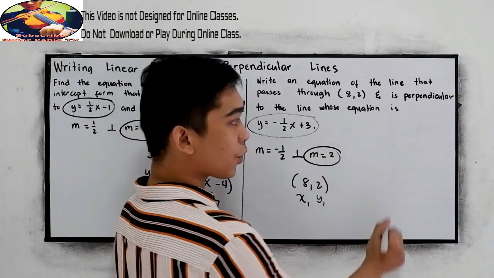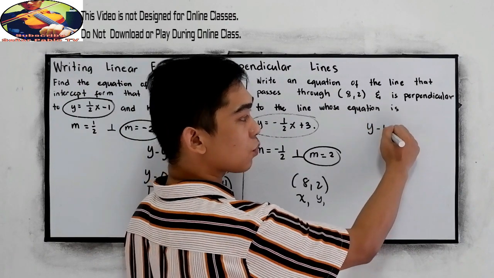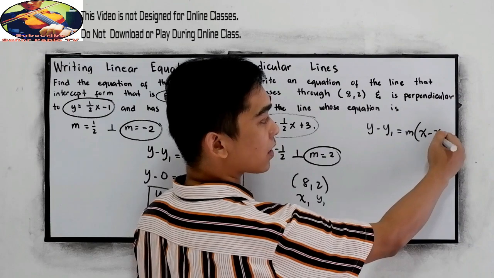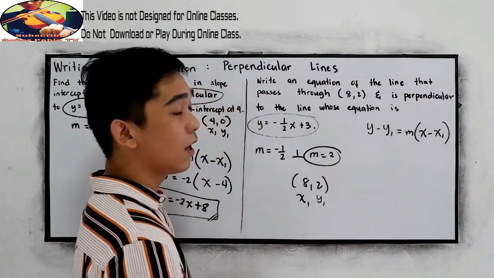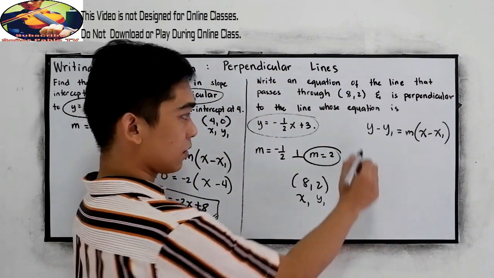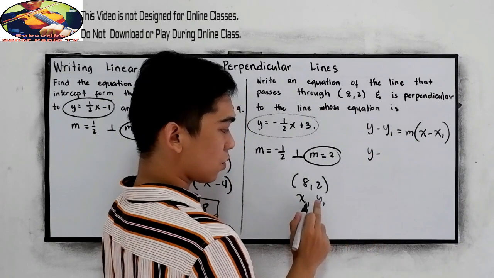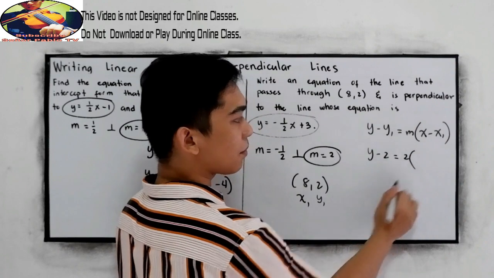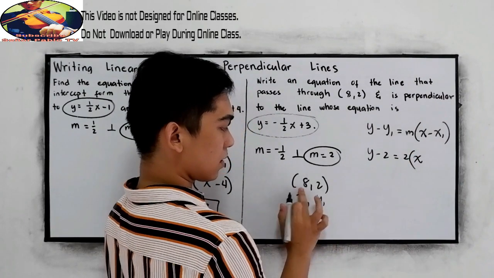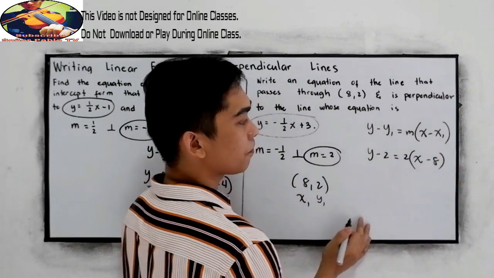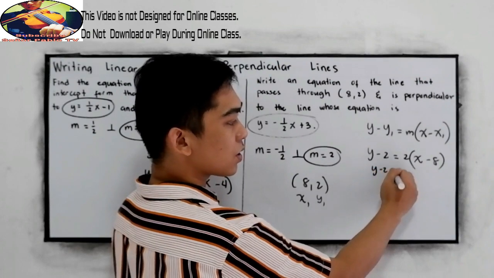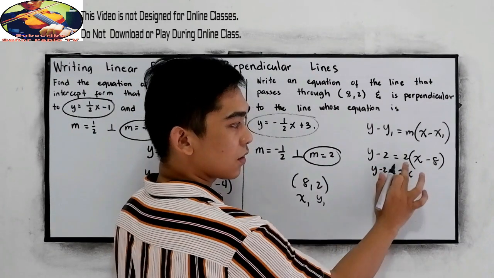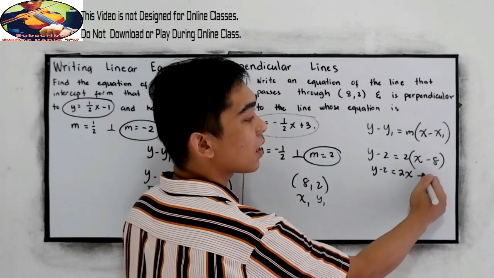The point slope form: y minus y sub 1 is equal to m times x minus x sub 1. Let us substitute. So y minus y sub 1, which is 2, is equal to 2 times x minus 8. Y minus 2 is equal to 2 times x, so we have 2x, 2 times negative 8, negative 16.